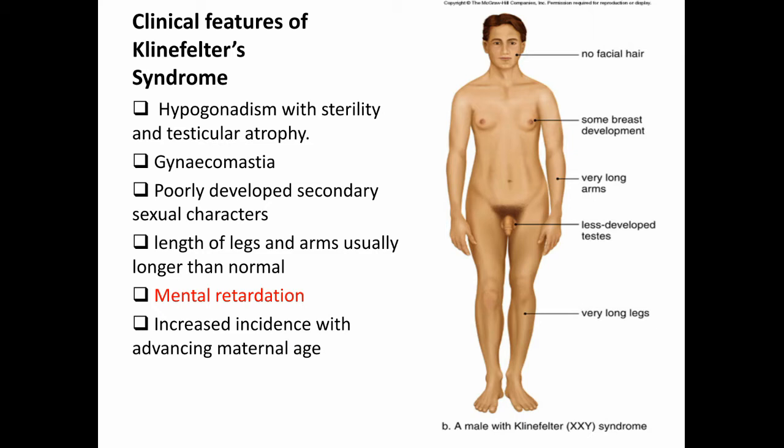Mental retardation, I have marked it over here because it is not that all the patients suffer from this. Specifically, there are some cases of Klinefelter's where mental retardation is observed, so that is why I have marked that, not in all the cases. And there is increased incidence with maternal age, that means the older the mother, the greater the chance that a baby will be born with this particular syndrome.